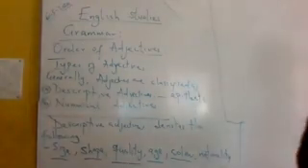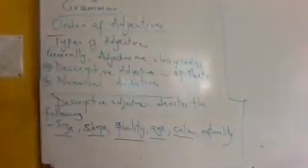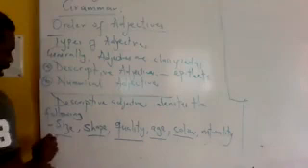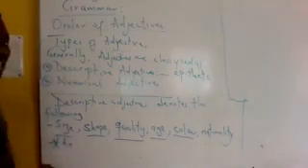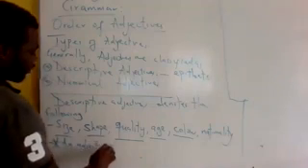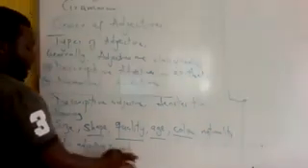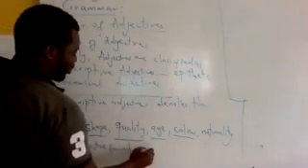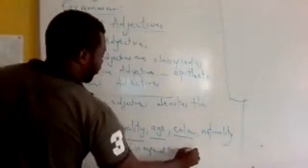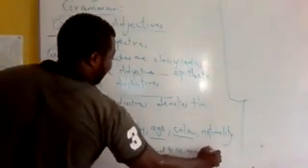So before I even talk about the other part, know that when you have in English an adjective that is formed from a noun, it is referred to as what? An adjective formed from a noun is referred to as a nominal adjective.